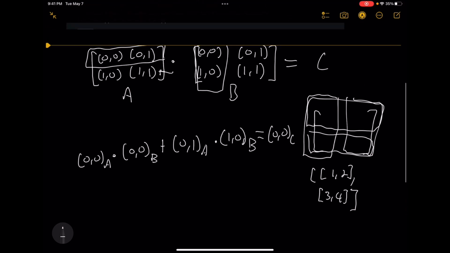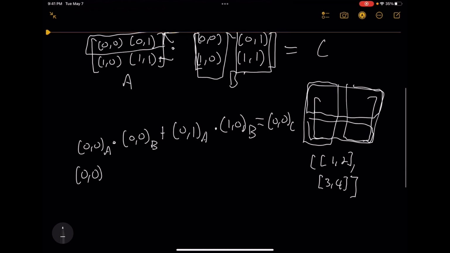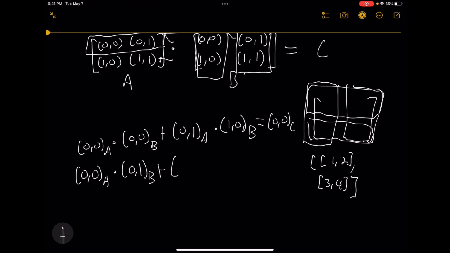In the next iteration, we're taking the same row of A and multiplying it times the other column of B. So we have 0,0 of A times 0,1 of B, plus 0,1 of A times 1,1 of B. And this would equal 0,1 of C.